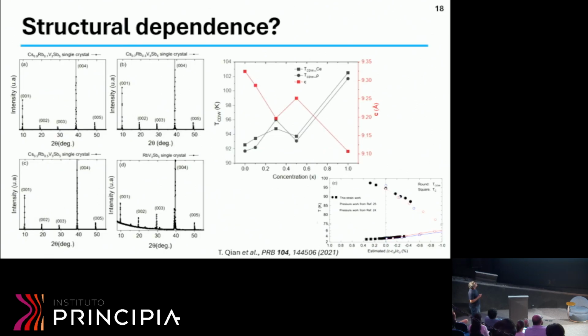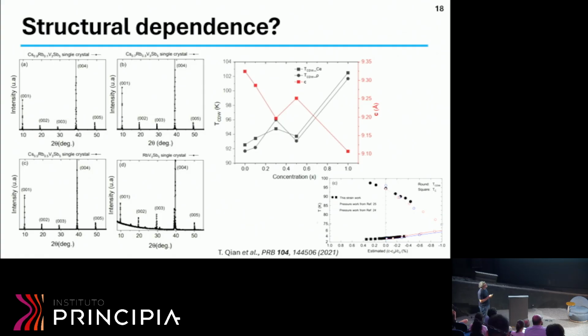And we looked at the crystal structure, and what we see is that the C parameter of the unit cell decreases as a function of rubidium doping, okay?